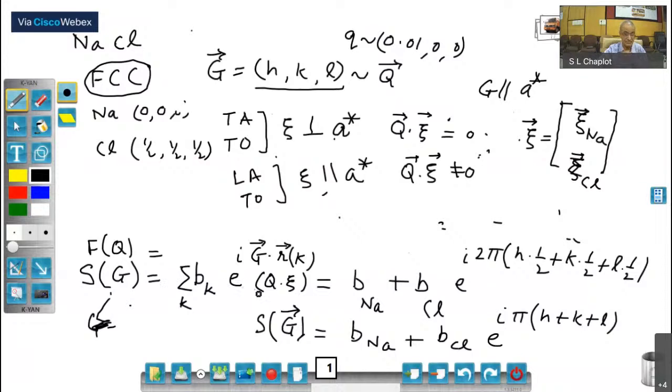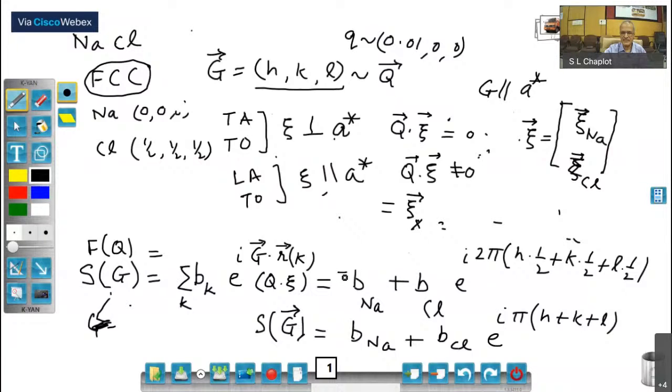So that extra term will come, and q dot xi here will be equal to only the x component of xi.